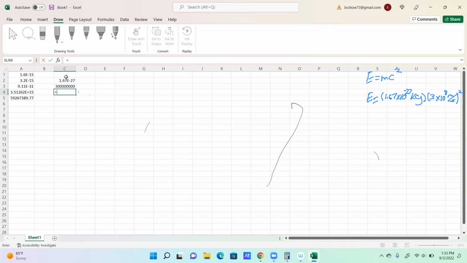So I am going to take this and multiply it by this quantity squared. And so that's what I come up with: 1.503 times 10 to the minus 10 joules. So I'm going to go back.